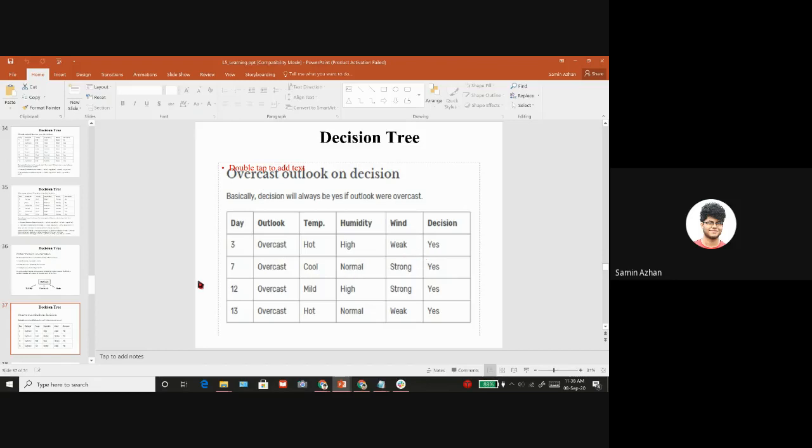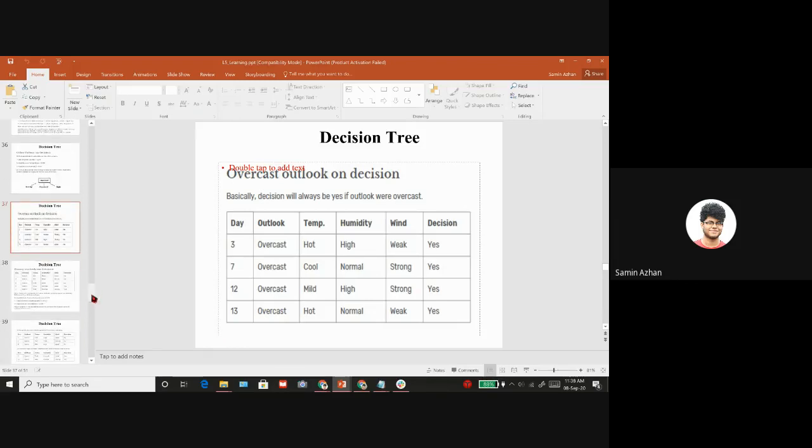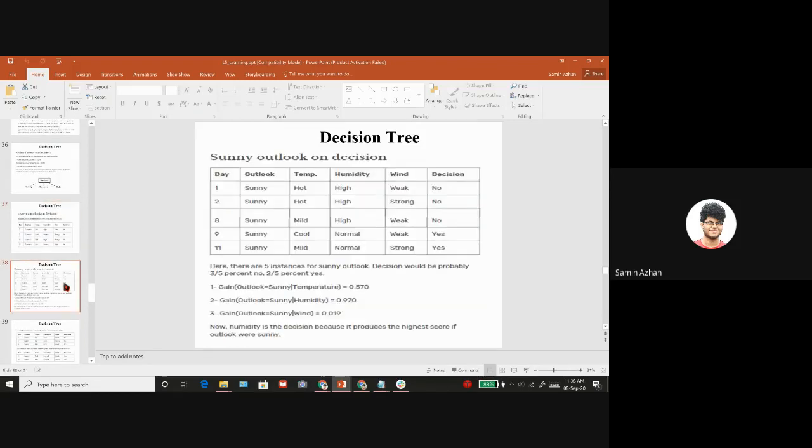That means we can come to the conclusion that in our root node, if outlook is equal to overcast, we can automatically come to a decision, and that decision is yes. But things are not so simple for when outlook is equal to sunny or outlook is equal to rainy.